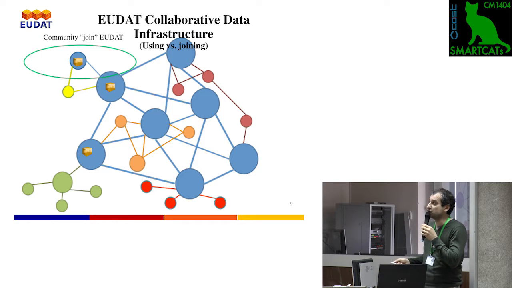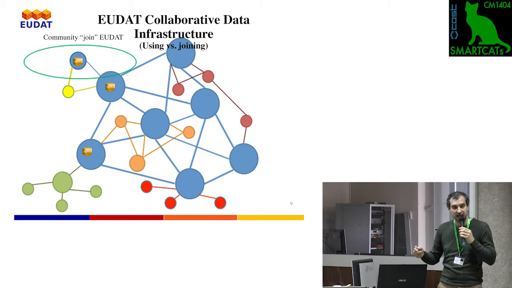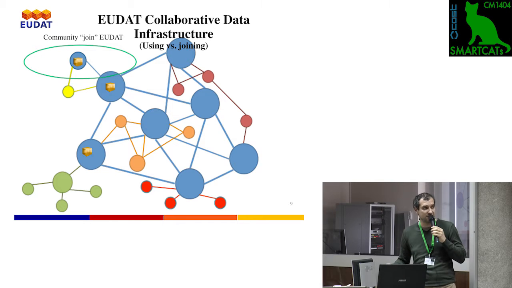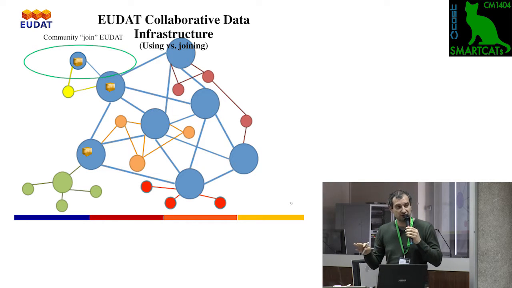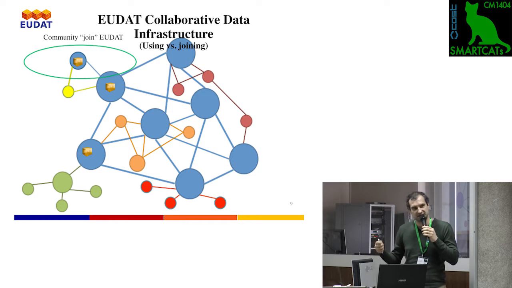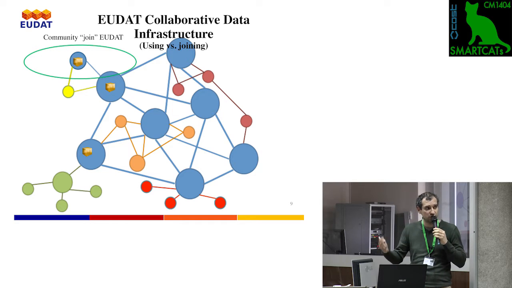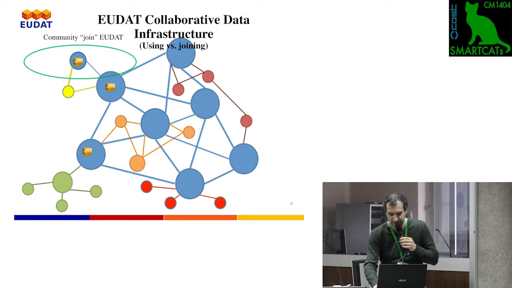The other is joining EUDAT, so the community can go inside the collaborative data infrastructure. Of course, these 2 views are completely different, and the second solution, joining, provides more flexibility in order to access the services.